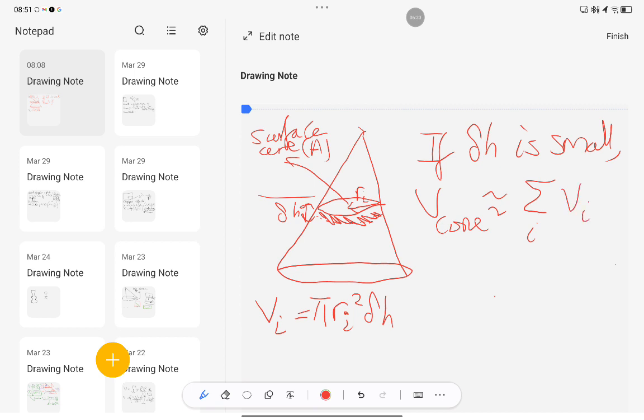So the sum of V_i, where V_i is the volume of our ith segment. Or if we write it explicitly in terms of the radius of the ith segment, the volume of a cone is approximately the sum over pi r_i squared delta h.